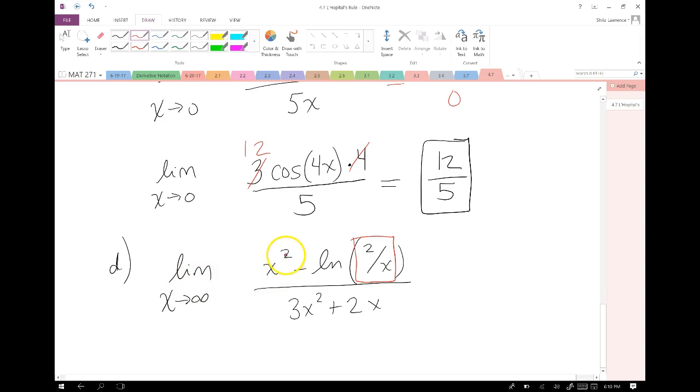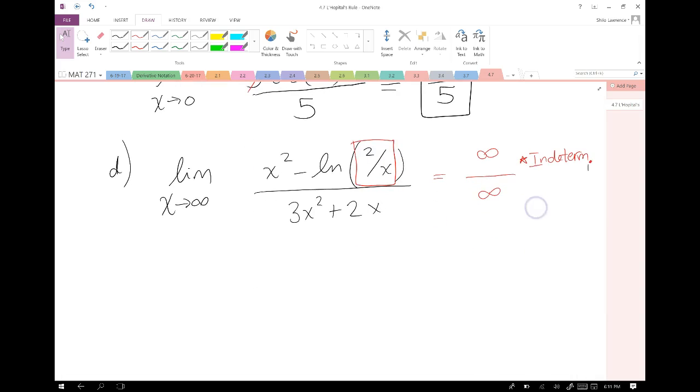Infinity squared is some giant number. So I've got infinity squared minus negative infinity. This is just some even bigger infinity. So we've got positive infinity here in the top. And the bottom, 3 times infinity squared plus 2 times infinity is infinity. So we've got infinity over infinity, which is indeterminate. So we are going to take the derivative and try again.